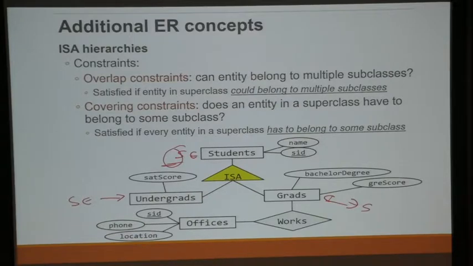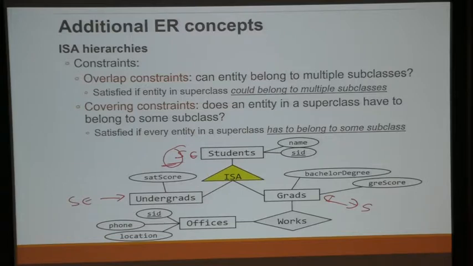If you say that the overlap constraint is not satisfied, the way to enforce that is you need to look at the undergrads table, you need to look at the grads table, you need to look at the intersection of them. The intersection must be empty. Okay? But you need to look at both, because you need to look at multiple tables. The table constraint is generally not enough unless you do several tricks. Okay? So I will show you some of the tricks using triggers in future lectures.